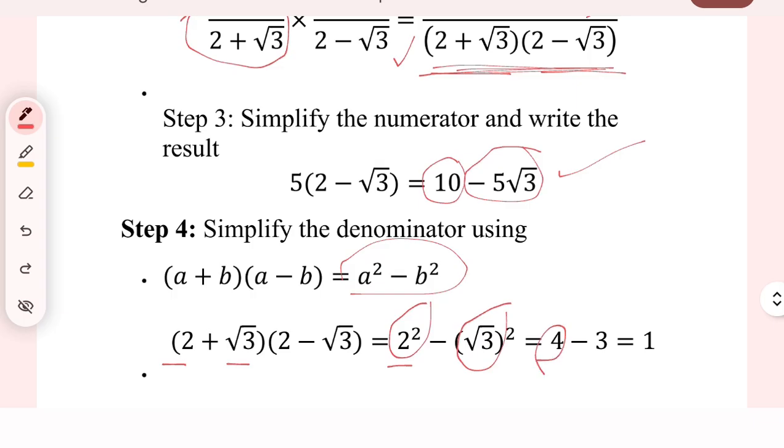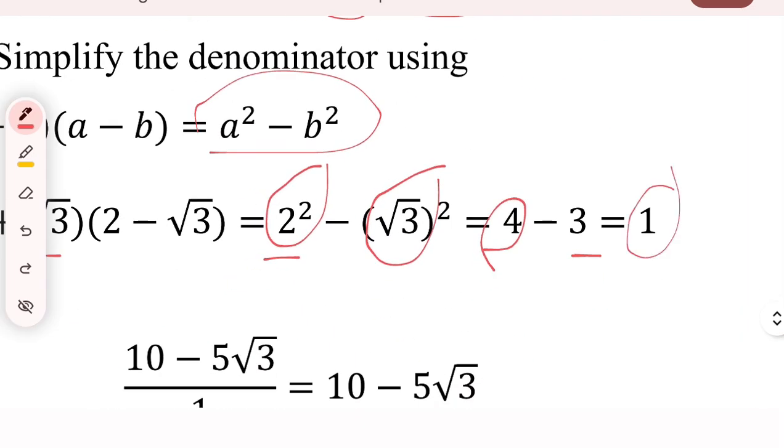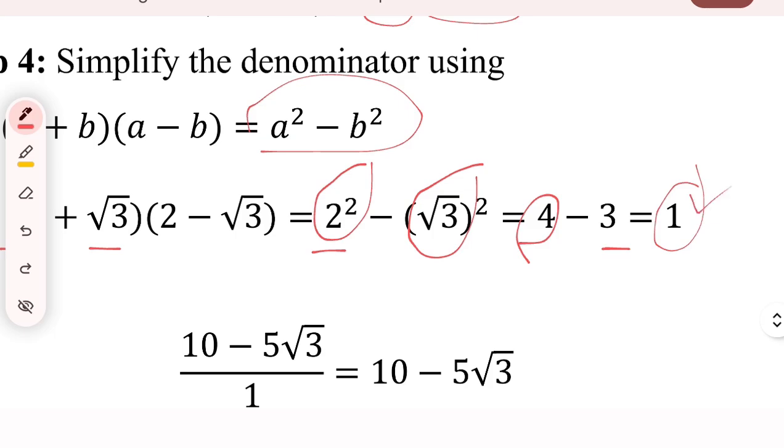Square root of 3 times the square root of 3, square root of 3 multiplied by itself is 3, so it gets rid of the radical sign. So 4 minus 3 is 1. After multiplying the denominator with its conjugate, it becomes just 1, because it transforms into a squared minus b squared, and with a as 2 and b as the square root of 3, we substitute and get 4 minus 3, or 1.